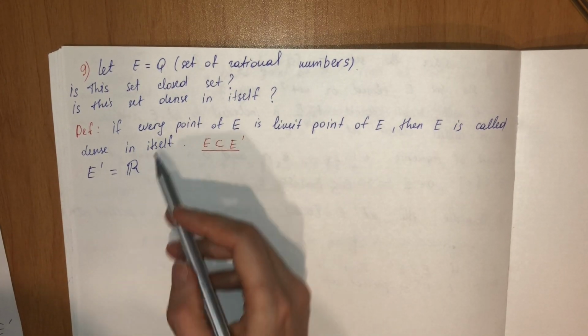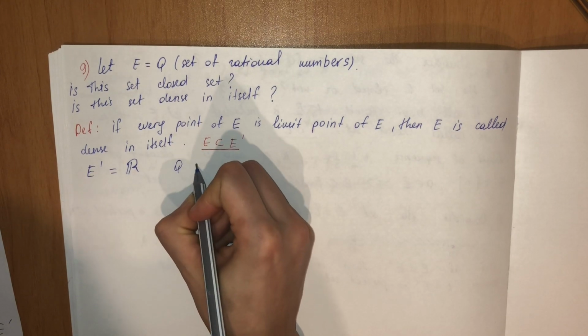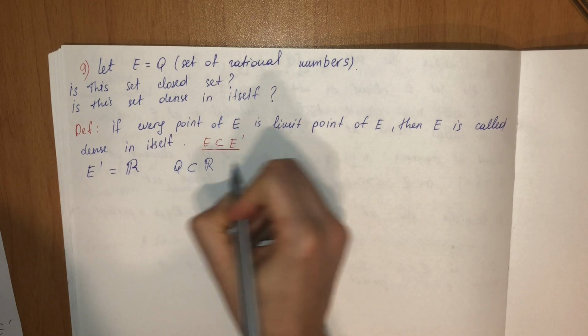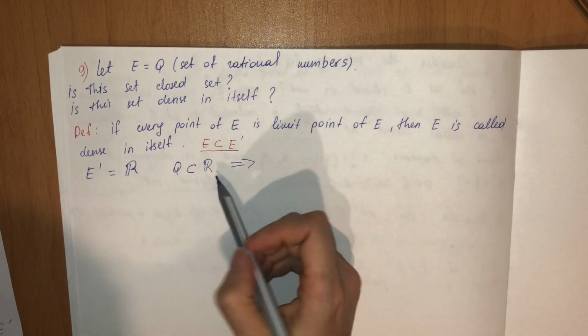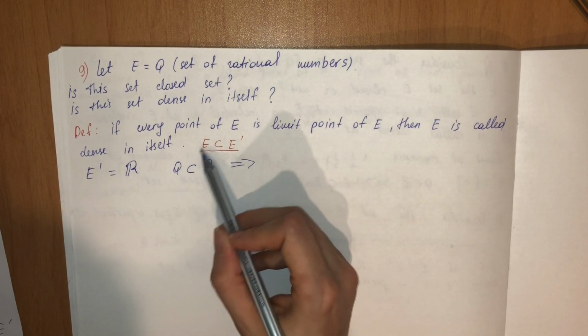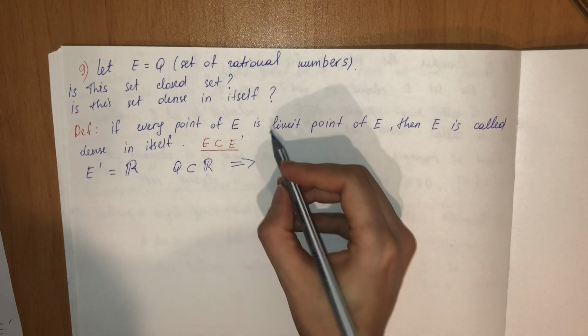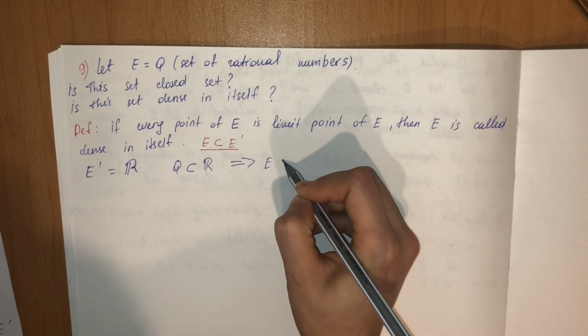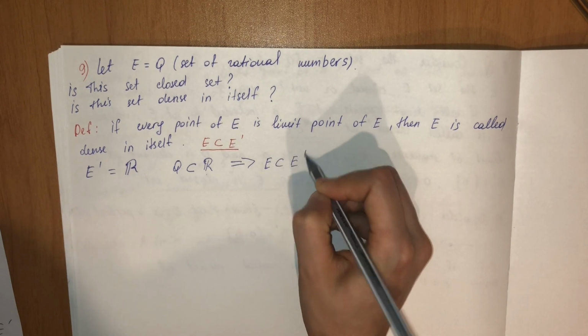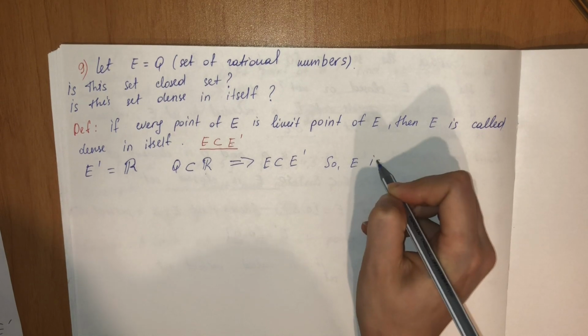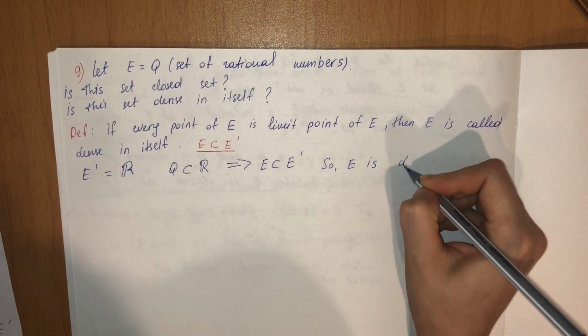And since Q is a subset of R, we get that Q is E and R is E prime. We get that E is a subset of E prime. So E is dense in itself.